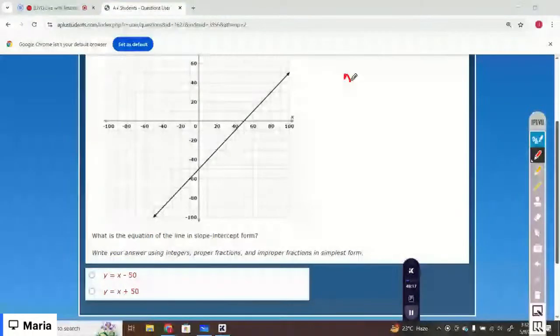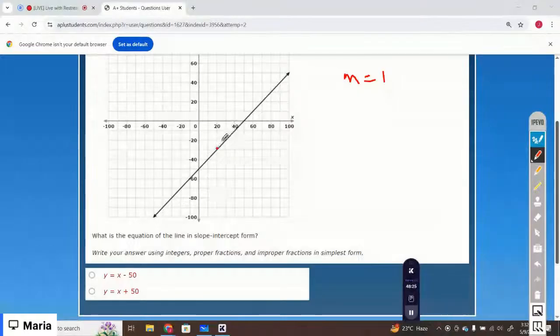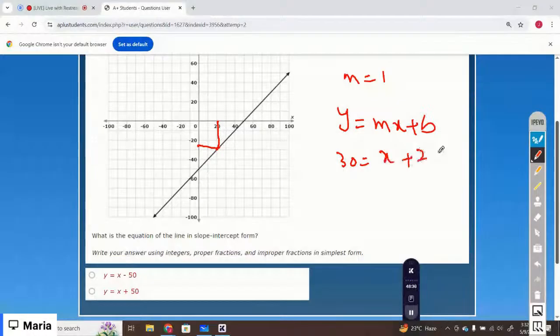Now select any point and calculate the value of b. Y equals mx plus b. Y is 30. 30 equals x plus 20.